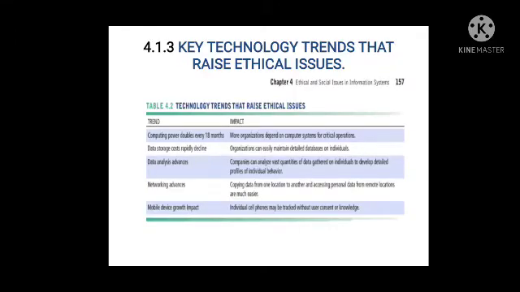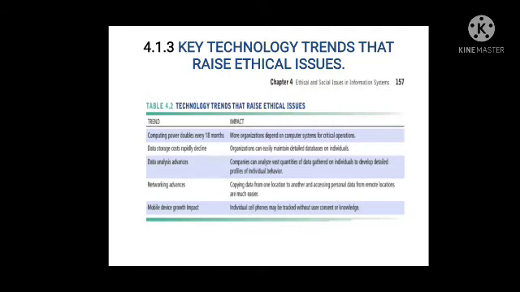So there are four key technological trends responsible for these ethical stresses, and they are summarized in Table 4.2. The doubling of computing power every 18 months has made it possible for most organizations to use information systems for their core production processes.